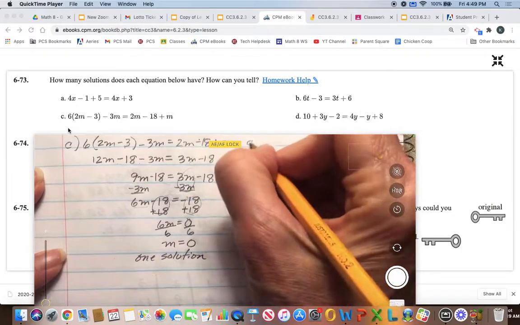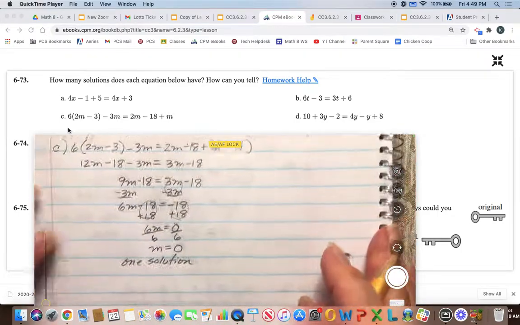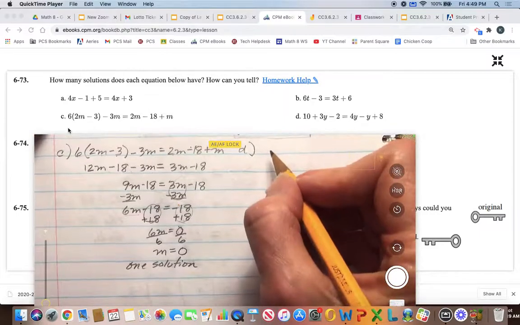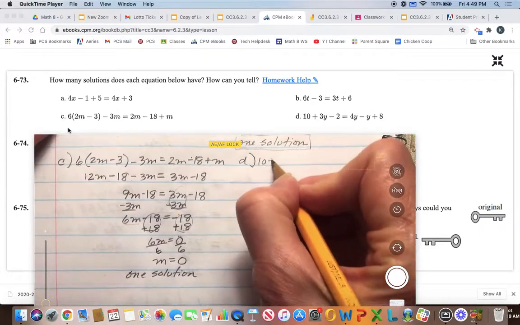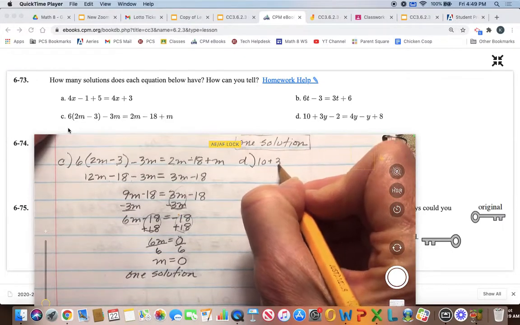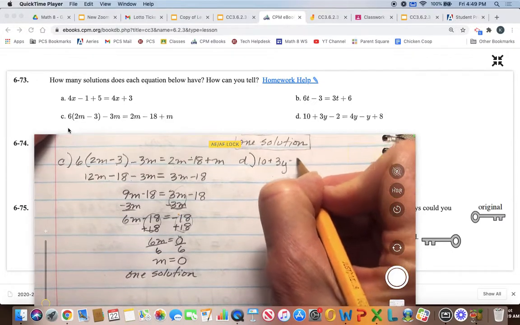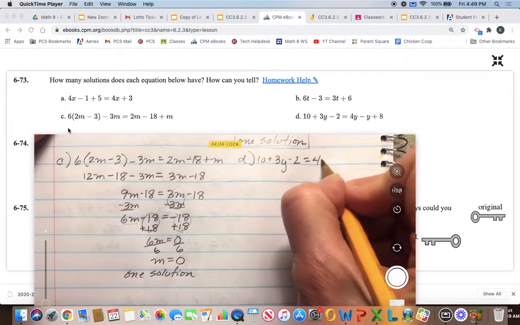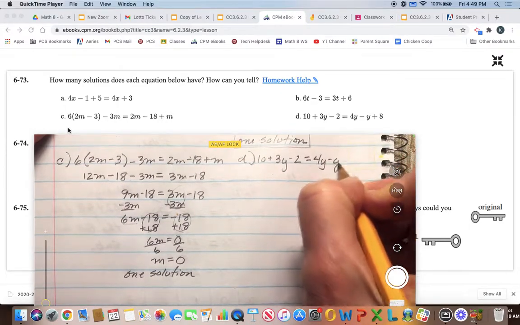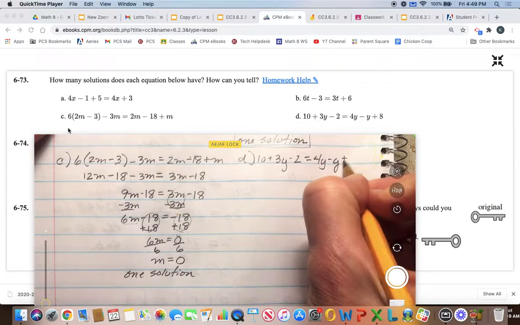Okay, so let's move on to D. And D is, I'll write that as 10 plus 3y minus 2 is equal to 4y minus y plus 8.